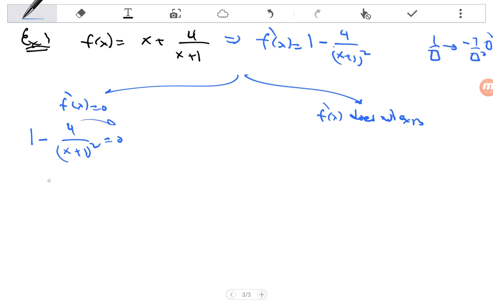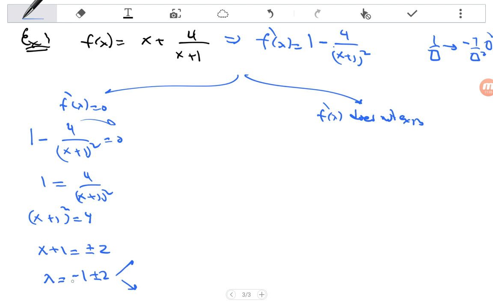So I'll take that to the other side: 1 equals 4 over x plus 1 all squared, which is x plus 1 all squared equal to 4, which means that x plus 1 is equal to plus or minus 2, and that means that x is equal to minus 1 plus or minus 2, which gives me two values, negative 3 and positive 1. Okay, so these are the two values that satisfy this condition, and neither of them is outside the domain, both belong to the domain, so they are critical points.